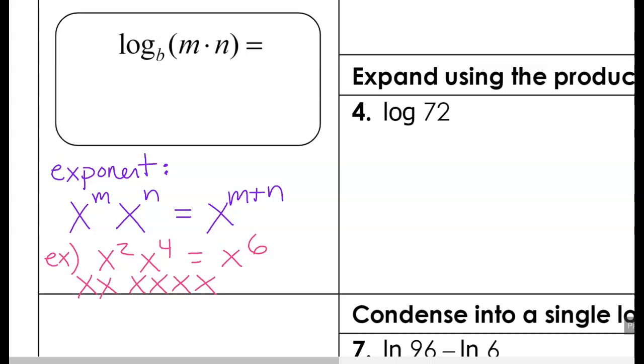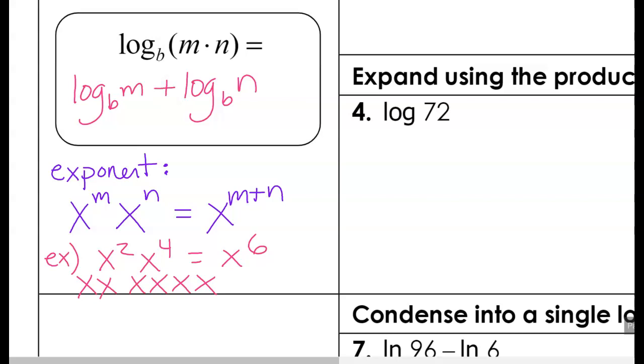All right. So the log rule is not exactly the same, but it's similar. If we are logging two terms being multiplied together, I can create 2 logs with the arguments separated. And what operation do you think is happening between the 2 logs?